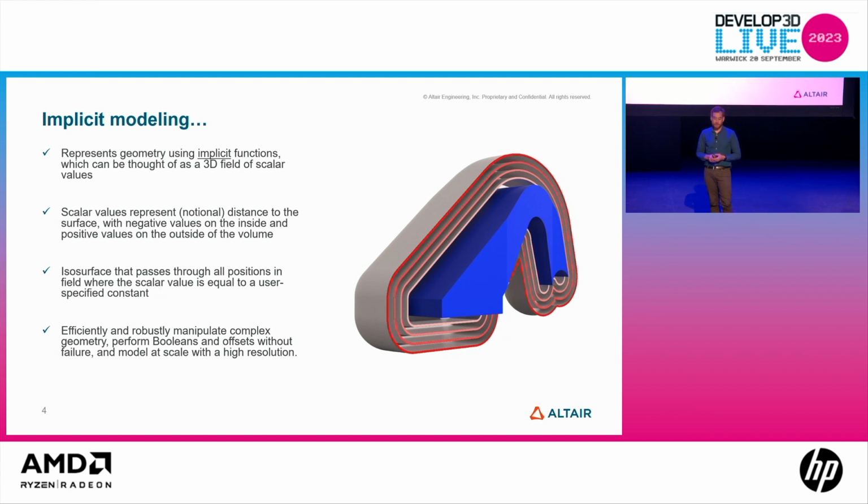What this gives us is a very efficient way of describing quite complicated geometry, and you can do lots of operations implicitly that would typically be quite difficult to do with traditional CAD tools.